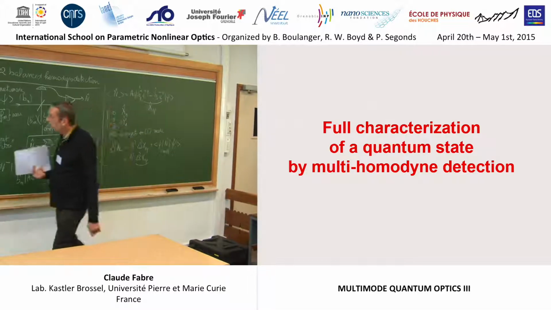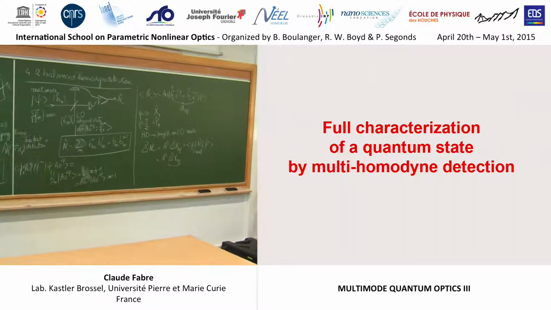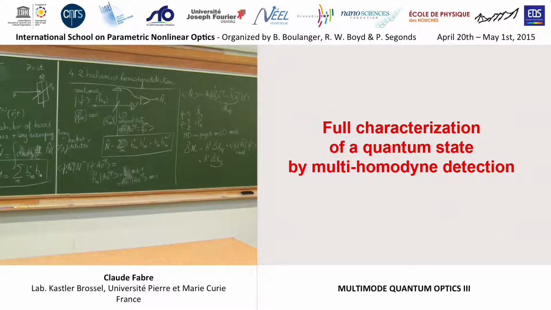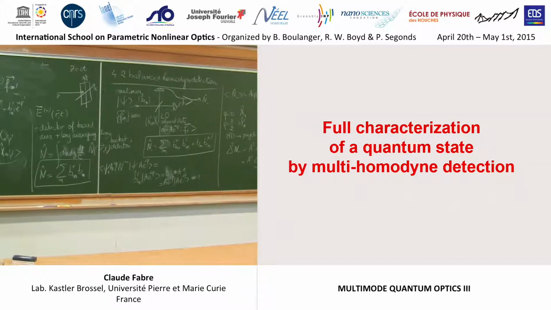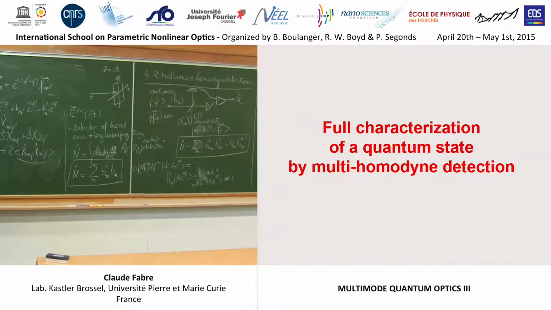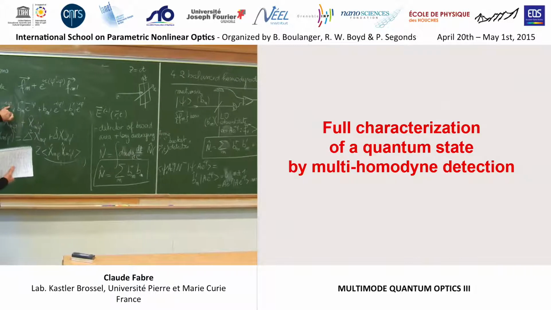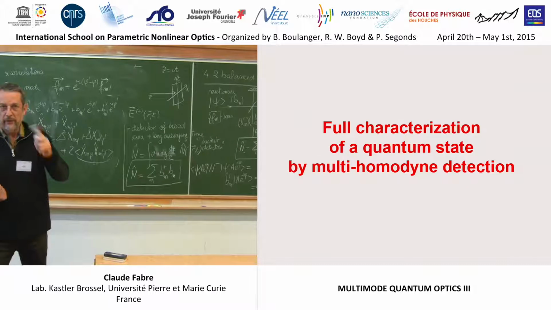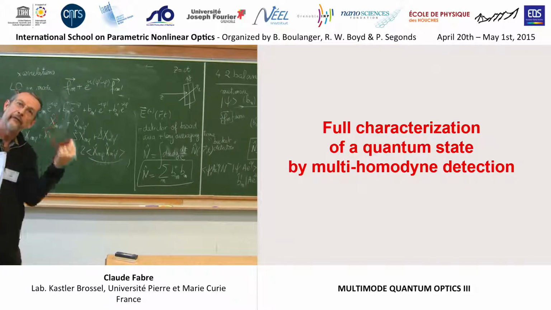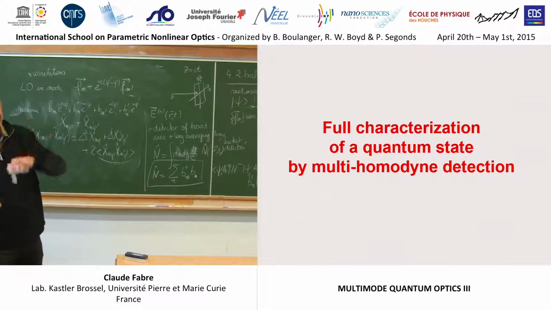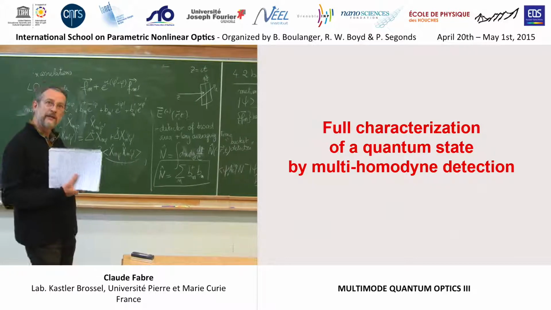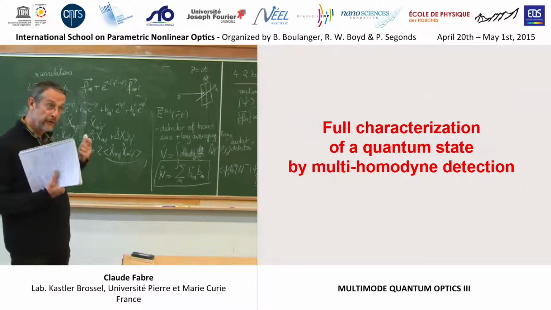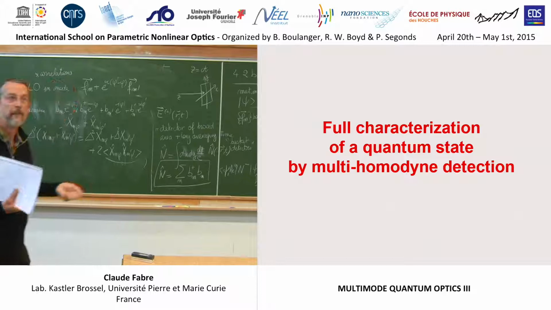If this is not a Gaussian state, then you need more information in order to have the total information about the state. In this case, you need to scan phi and phi prime, not just 0 and pi over 2, but all the values of phi and all the values of phi prime. And this enables you to reconstruct the full Wigner function of the system.